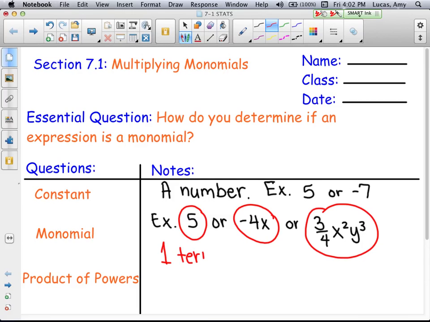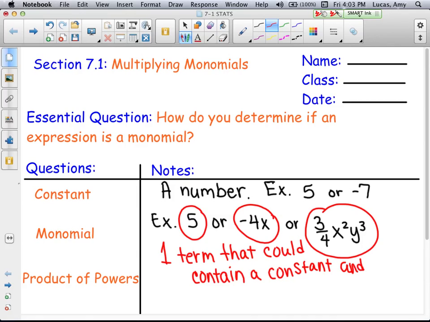The prefix mono means one, so one term that could contain a constant and or a product of variables. So hopefully that makes sense.